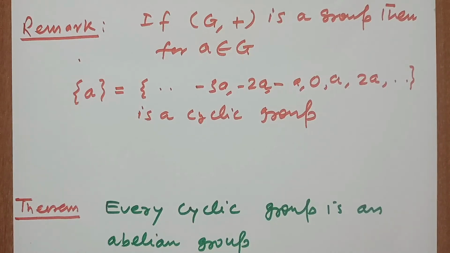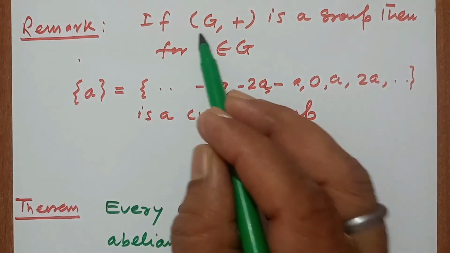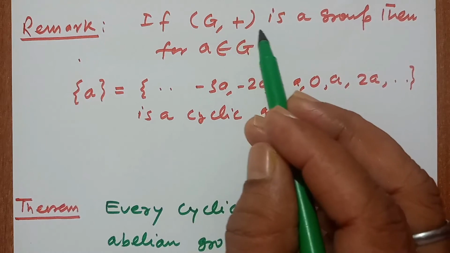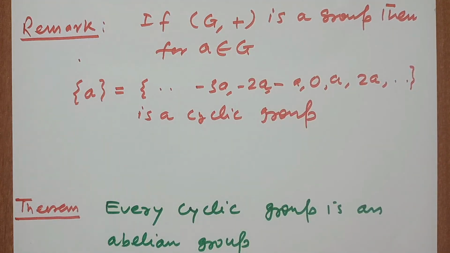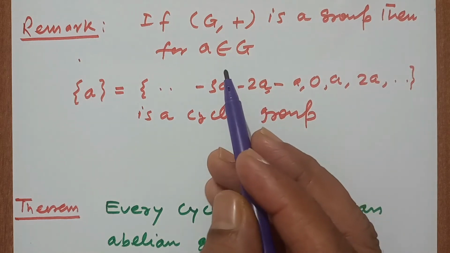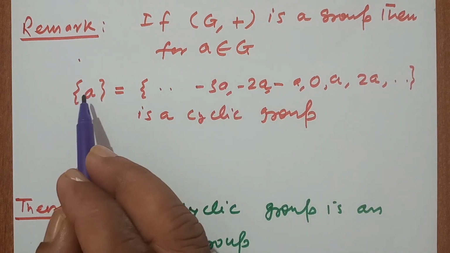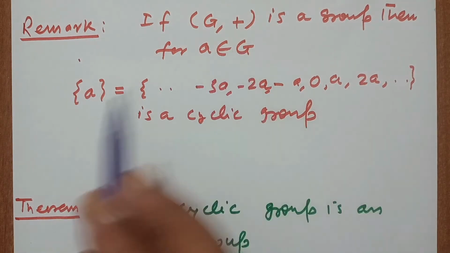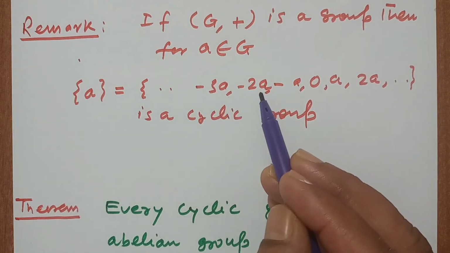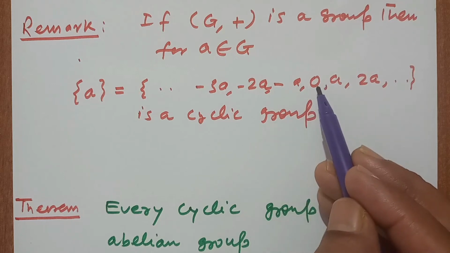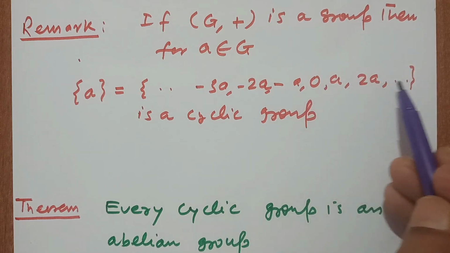An important remark on cyclic groups: if G is a group with respect to addition, then G is cyclic if the elements of G can be written in terms of a generator a belonging to G as ..., −3a, −2a, −a, 0, a, 2a, and so on.